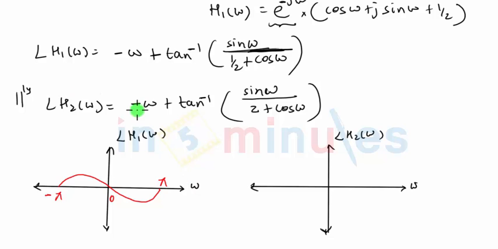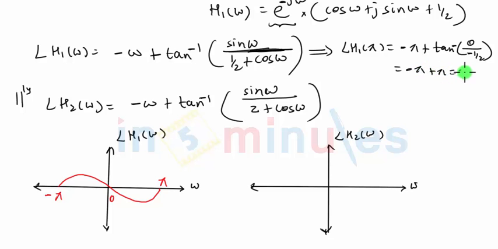So when I put omega equal to pi in the first phase spectrum, I get the value 0. But if I do that in the second phase spectrum, you can see, I'll just do it here quickly. Angle of H1(pi) is minus pi plus tan inverse of sine pi, which is 0, and half minus 1, which is minus half. So this is minus pi plus pi, which becomes 0.